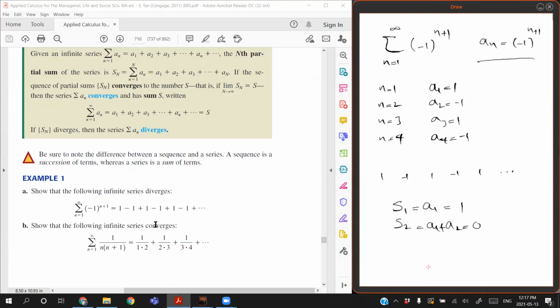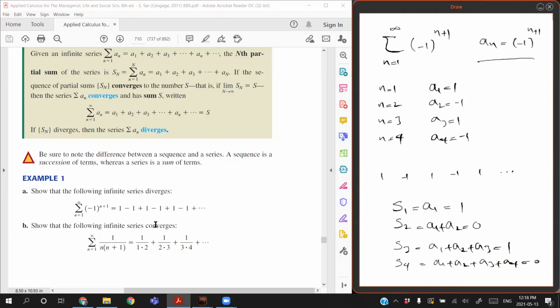It's going to be 0. Then S3 is going to be the sum of the first three terms, so A1 plus A2 plus A3. If I just add up these, I'm going to get 1. S4 is going to be A1 plus A2 plus A3 plus A4. It's going to be 0.